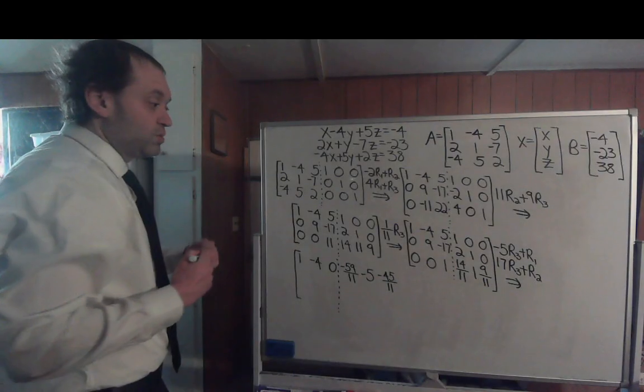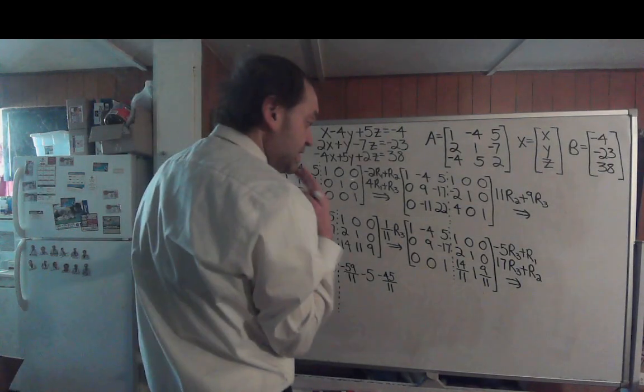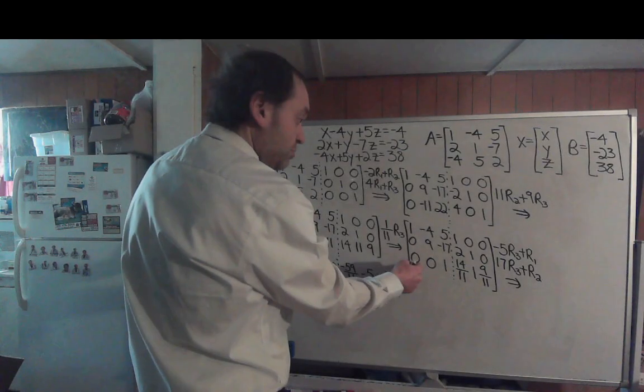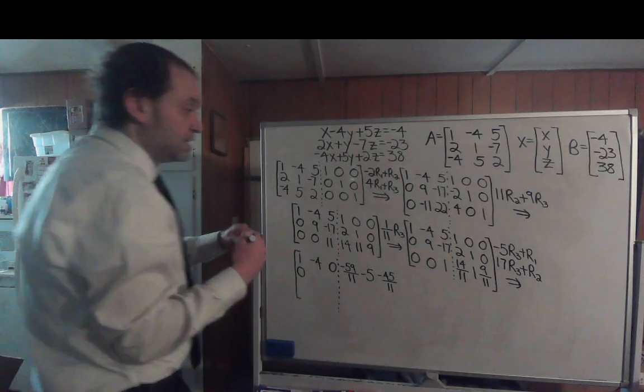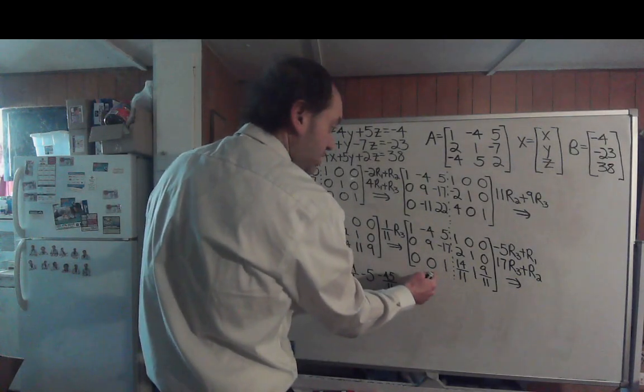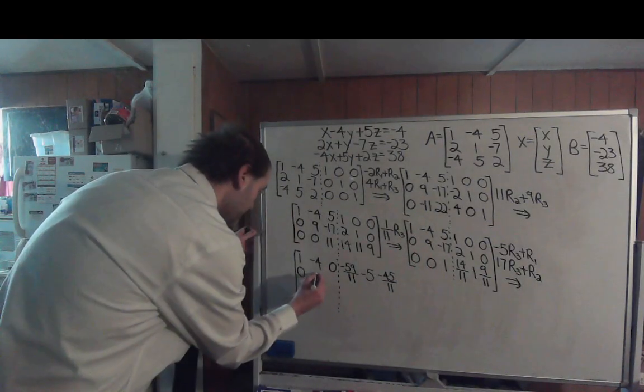Now, between rows 3 and 2, 17 times 0 is 0, plus 0 is still 0. 17 times 0 is 0, plus 9 is still 9.